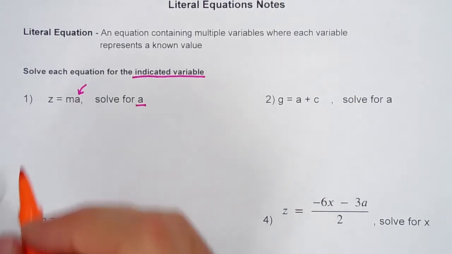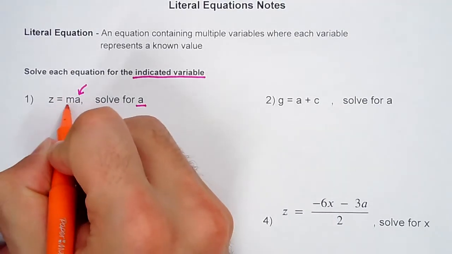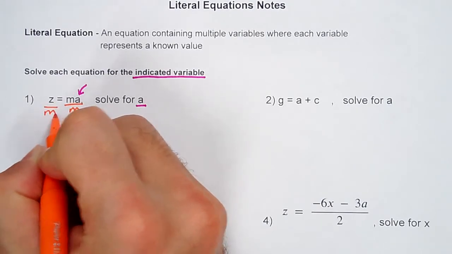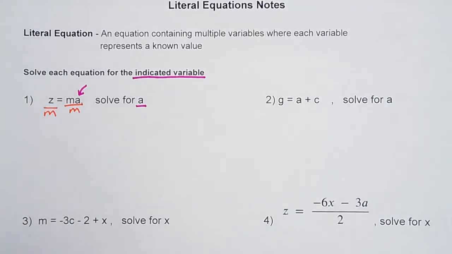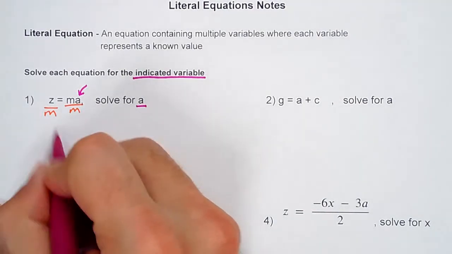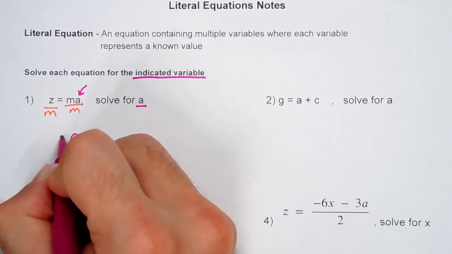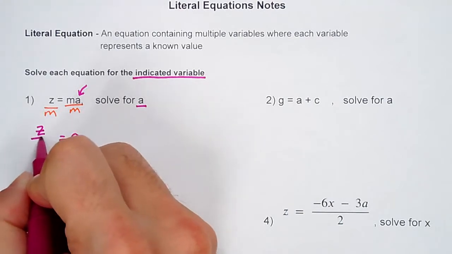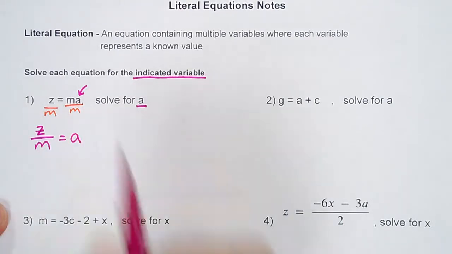So if I want to undo that, I have to divide by m on both sides. So we kind of treat m as if it were a number. What would we do with m if it was a value? We would divide by that value. So our answer to this problem is a is equal to whatever z is divided by the value of m.